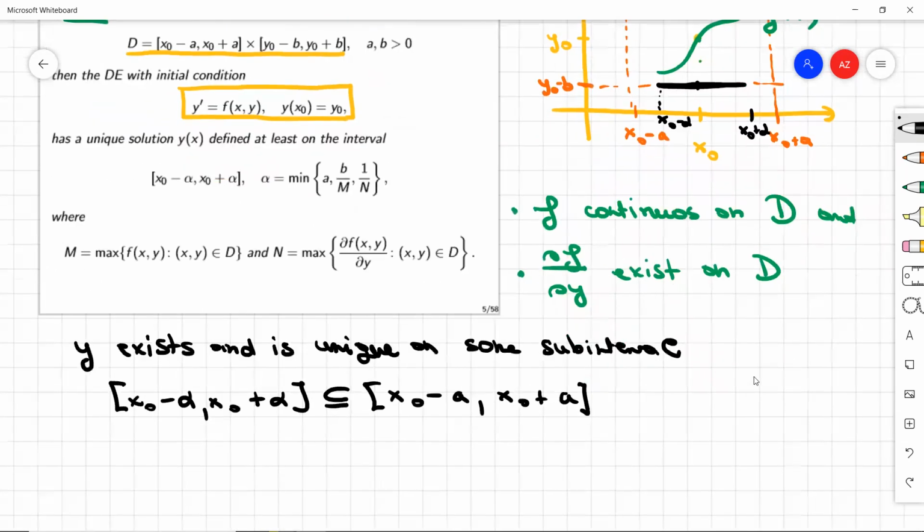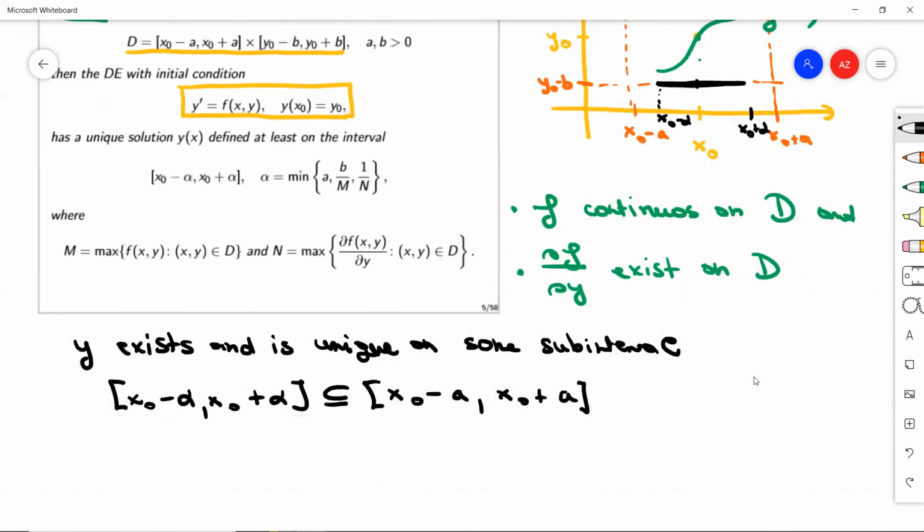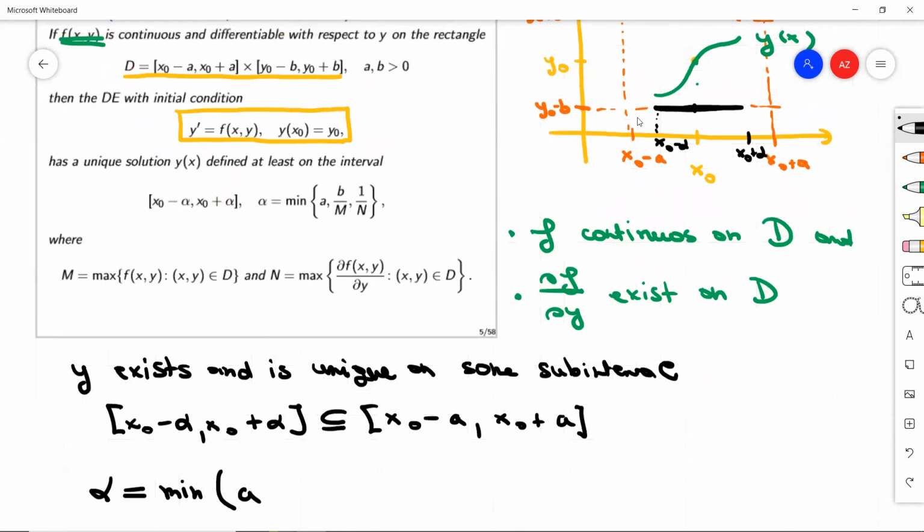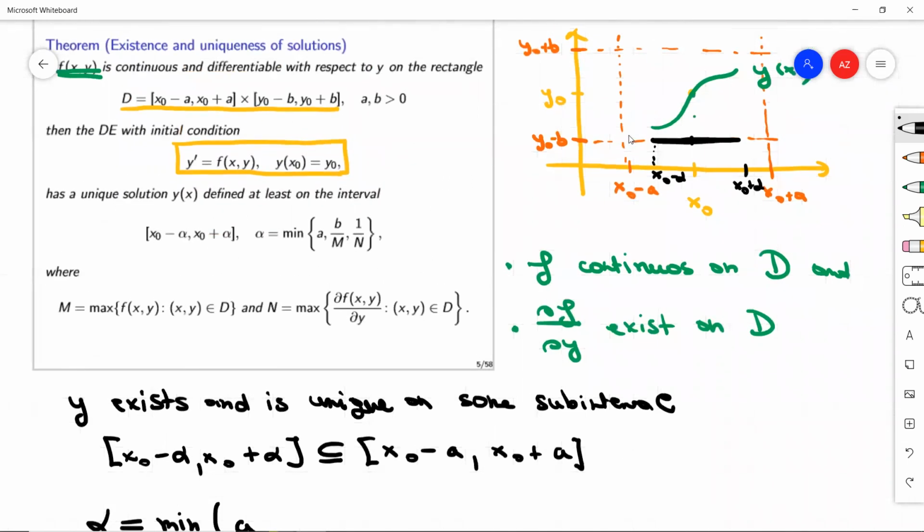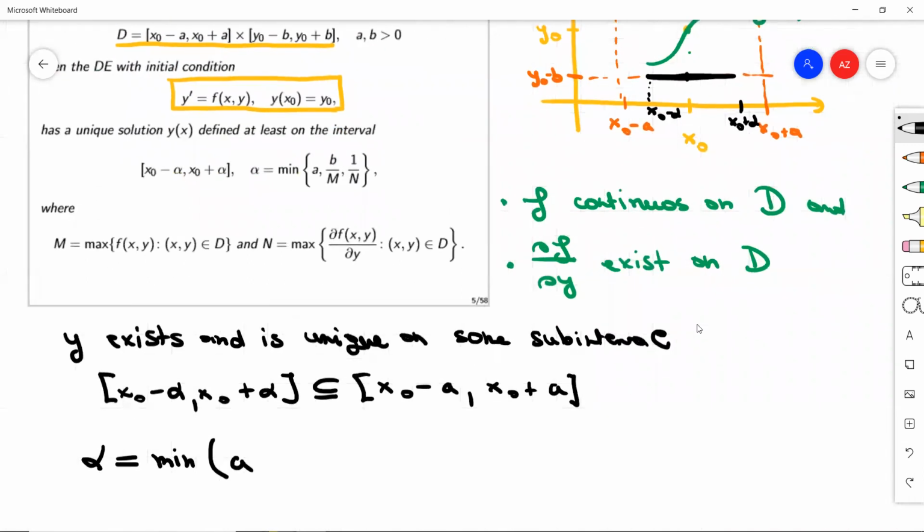And this alpha can be explicitly determined. So this alpha is the minimum between a, and of course it cannot be bigger than a, because our function f, by assumption, is given only on this rectangle, so we cannot go over this rectangle.